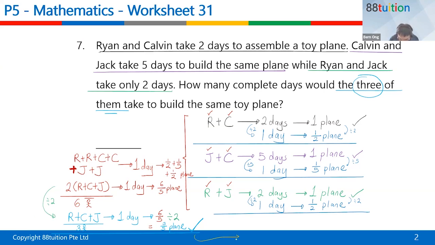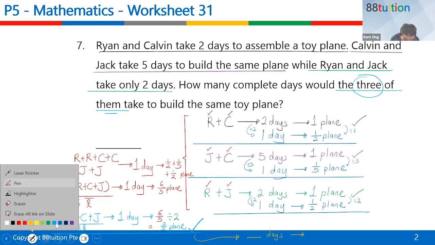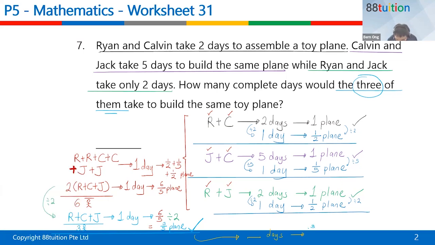In order to find how many days, what must you do? Your 3/5 needs to be divided by another 3/5. This is actually like 1 day, 3/5. So how do you get rid of the 3/5?